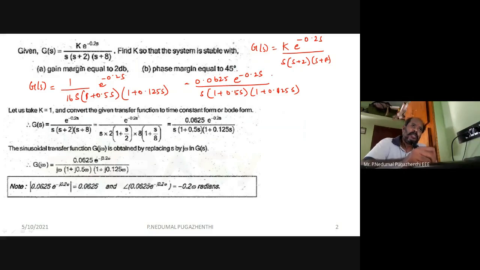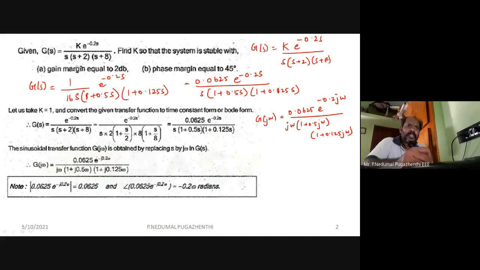This factor will not have any effect on the magnitude plot, because if I put s equal to j omega, then the transfer function becomes G of j omega equal to 0.0625 e power minus 0.2 j omega divided by j omega into (1 plus 0.5 j omega) into (1 plus 0.125 j omega).